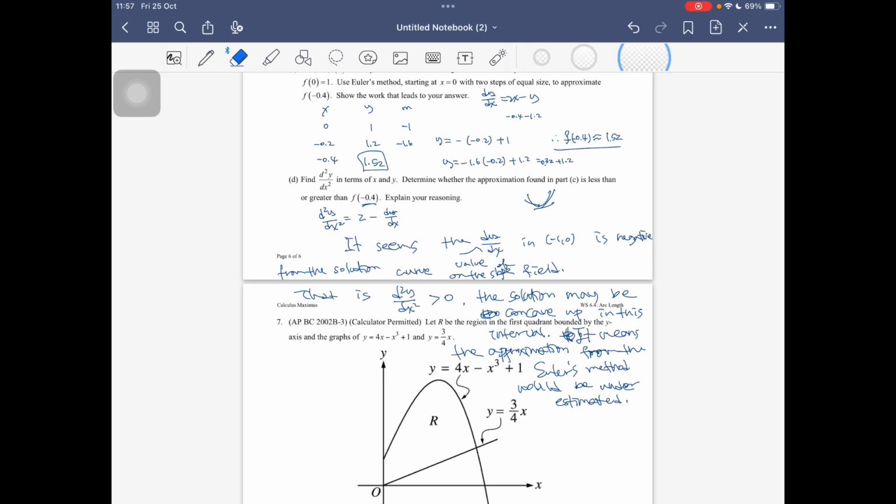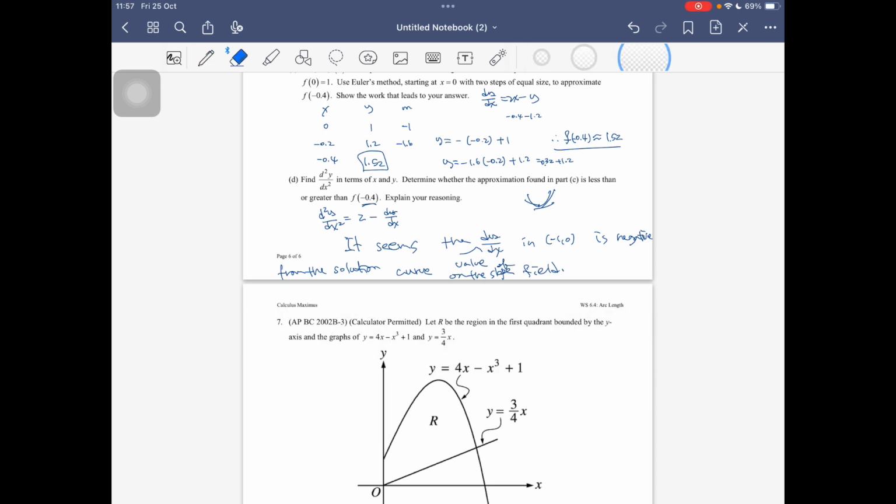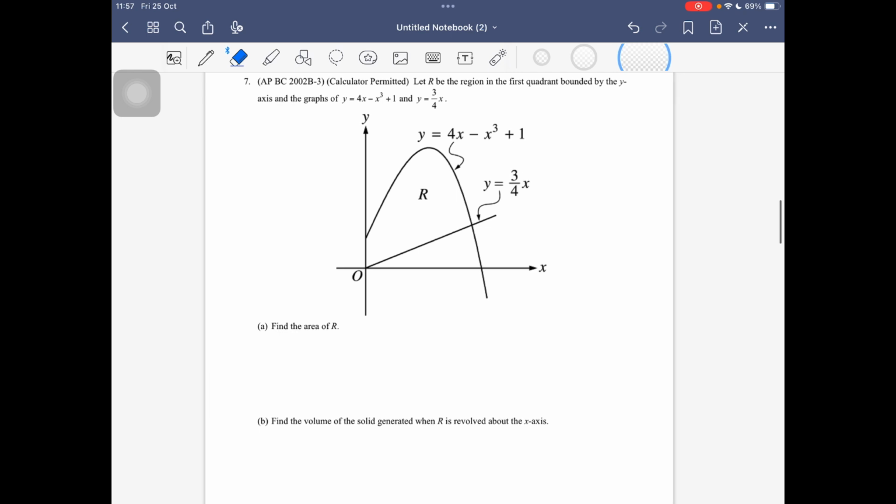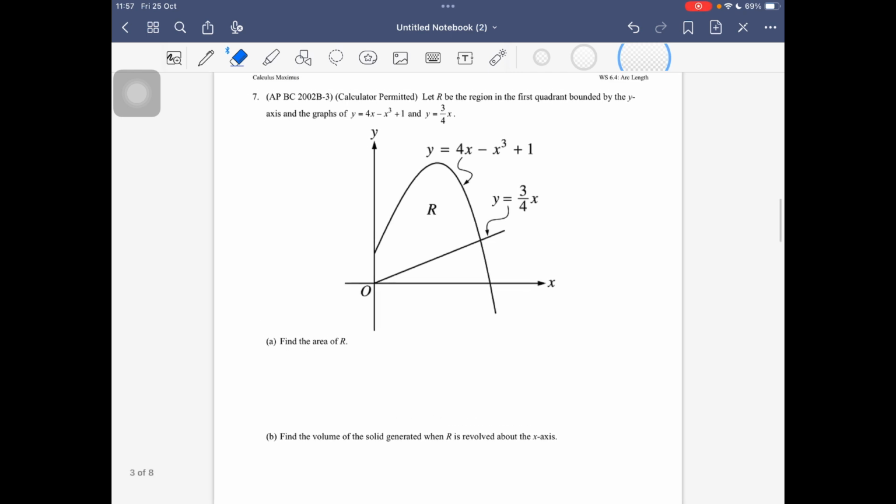And number 7. This is f of x. Okay, so there are two graphs, bounded area, not bounded, but we also have this y-axis. So now the enclosed area, which is all. So we need to find this coordinate from the graph.